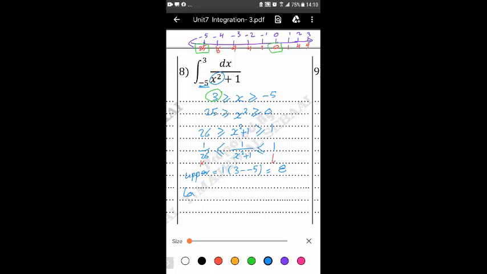And the lower limit is 1 over 26 times 3 minus 5 equals 8 over 26, which can be simplified. Divide by 2, it's 4. Divide by 2, it's 13. You got that? Yes. Okay.